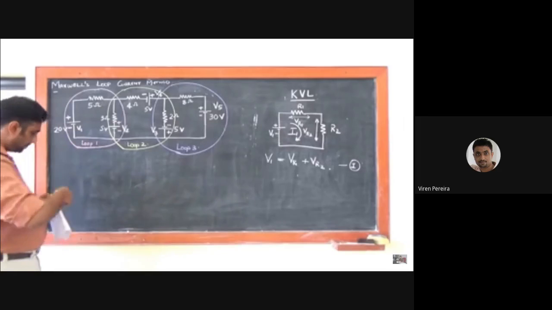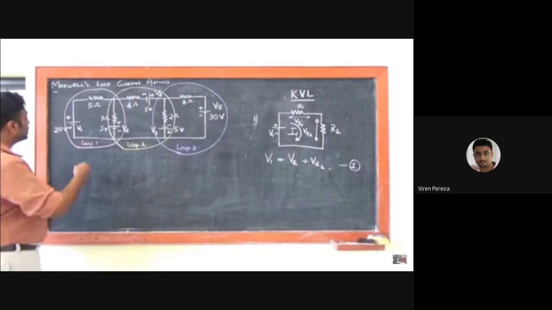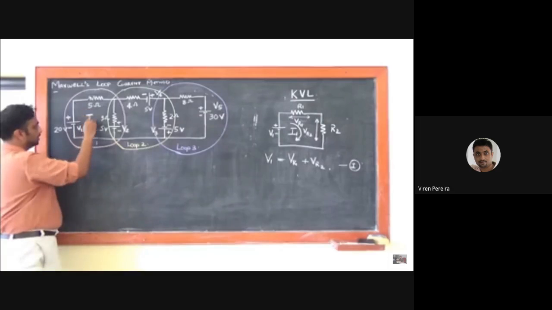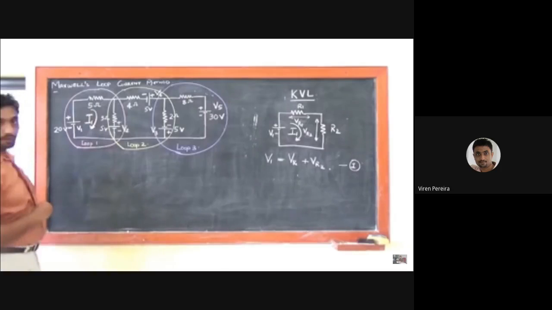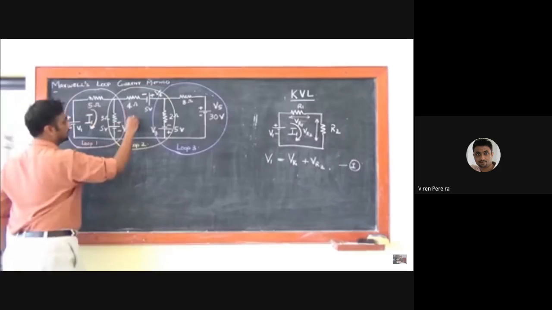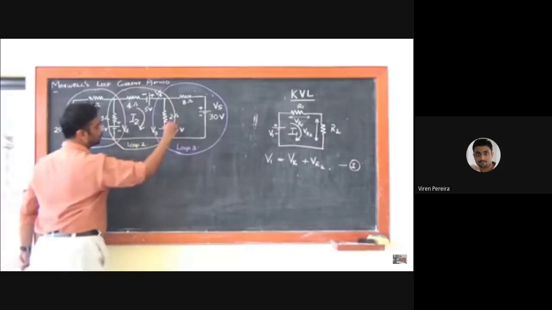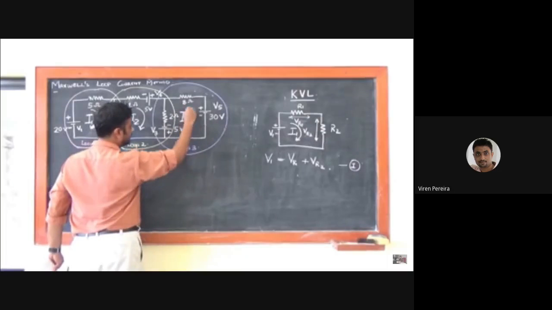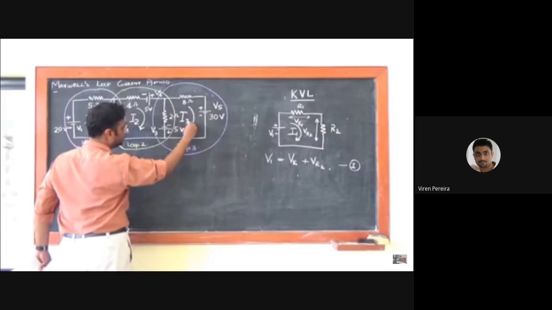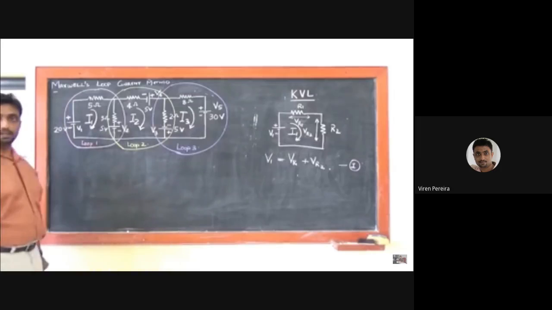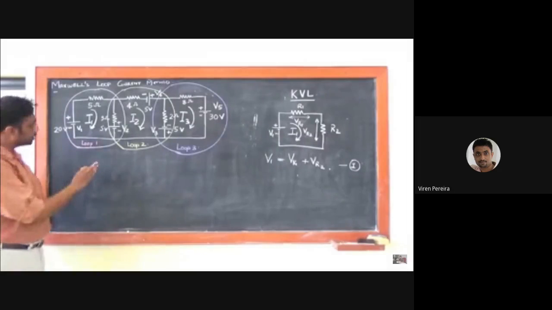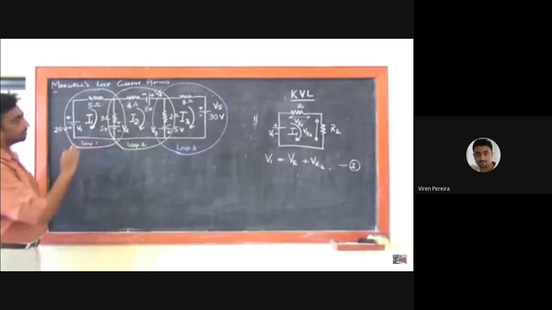Let this be I1 representing loop 1, this I2 representing loop 2, and this I3 representing loop 3.